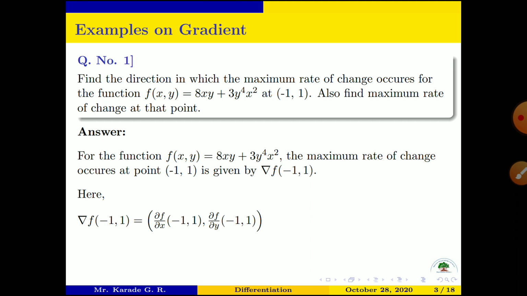So first of all, we have to find the partial derivative of f with respect to x, meaning dou f by dou x. So now we find first dou f by dou x, which means the partial derivative of f with respect to x, and it is equal to 8y plus 6y raised to 4 into x.